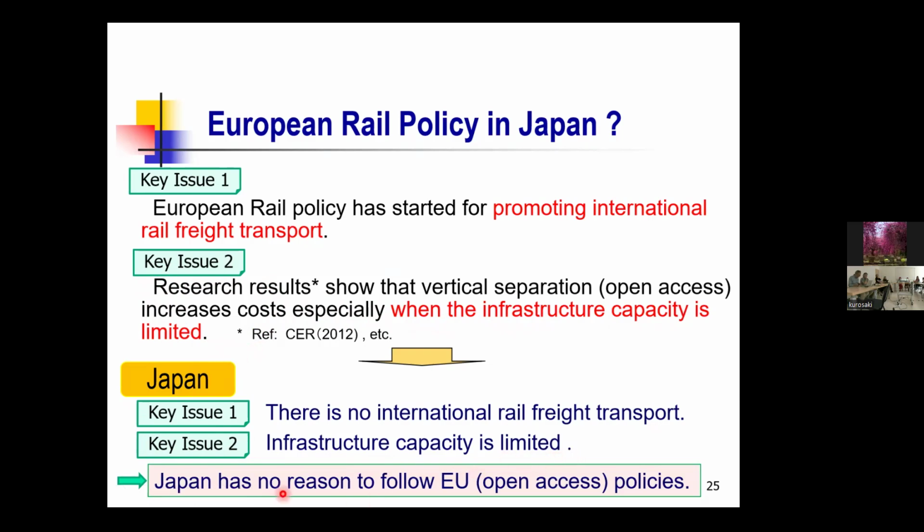Therefore, considering the two key issues, my result is that Japan has no reason to follow open access policies after EU countries.